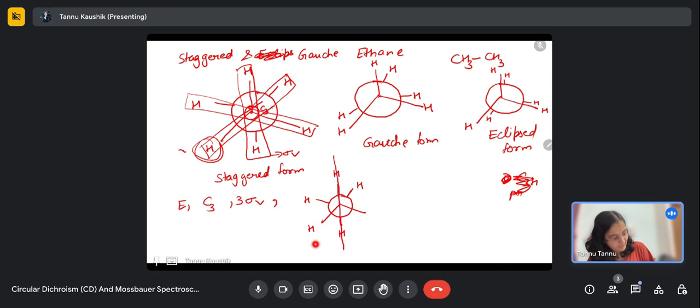So we have C2 axes of rotation, 3 C2 are present.